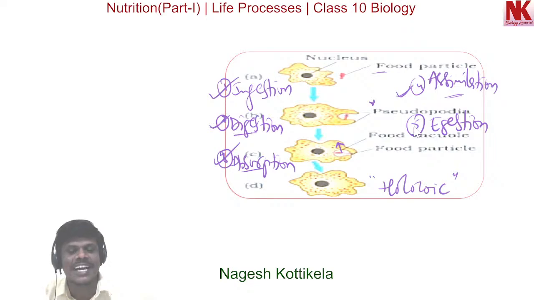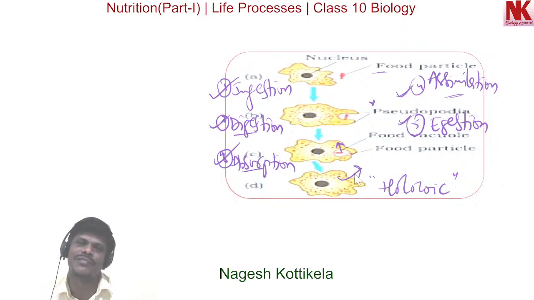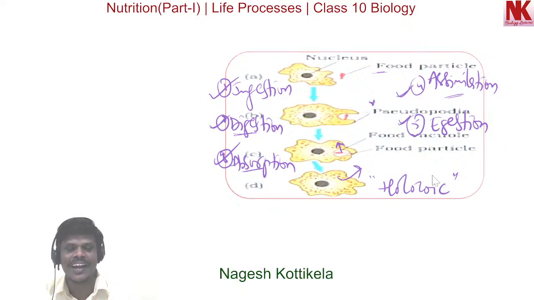And finally, the undigested, unabsorbed wastes are removed from the cell through the process of diffusion, and this is what we call egestion. So what are the 5 steps in the holozoic mode of nutrition? These steps are ingestion, digestion, absorption, assimilation and egestion. Amoeba is one example.